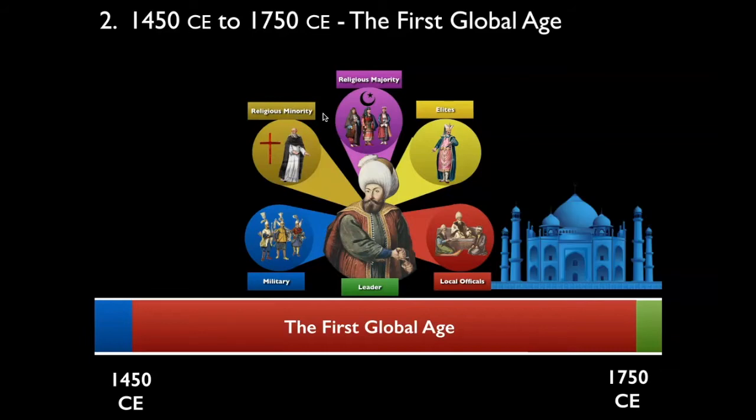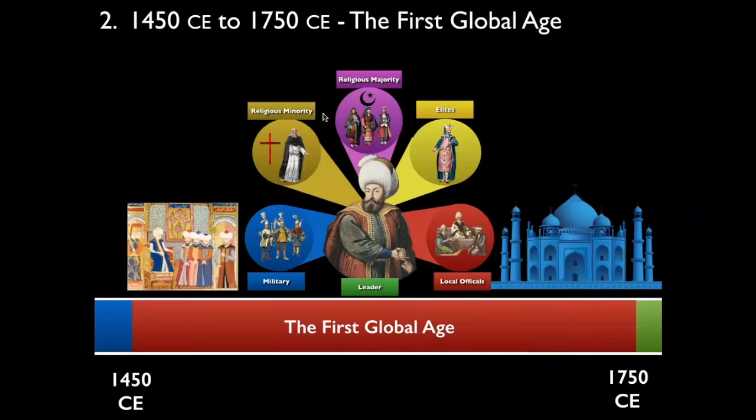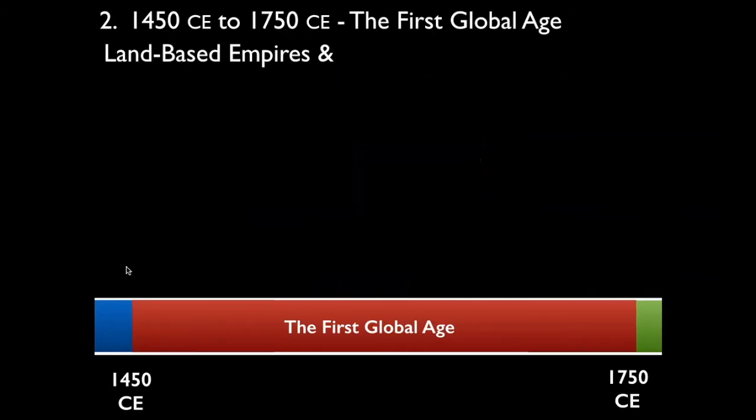One thing that leaders or rulers do in this period, as they've done previously, is they construct magnificent monumental architecture, big buildings showing off the wealth and power of the state, or even sometimes small art, like these miniature paintings, which were produced by oftentimes Islamic emperors. So we'll spend some time talking about the land-based empires in this period.